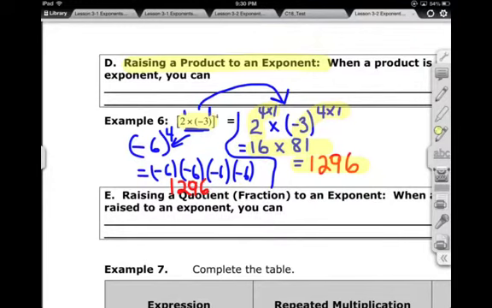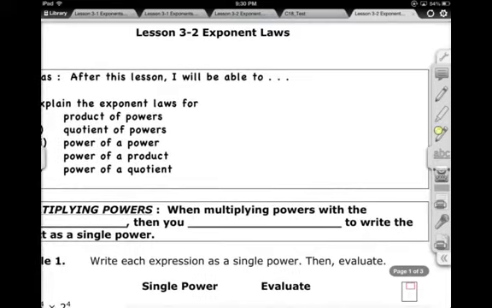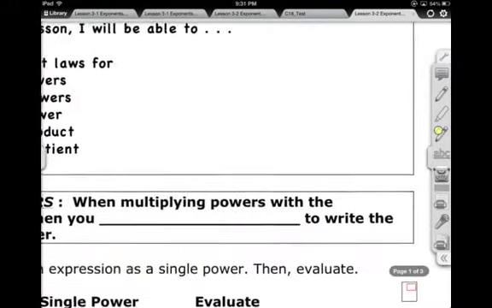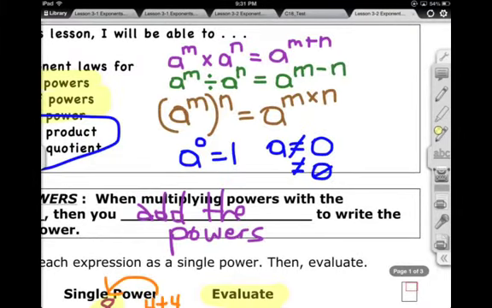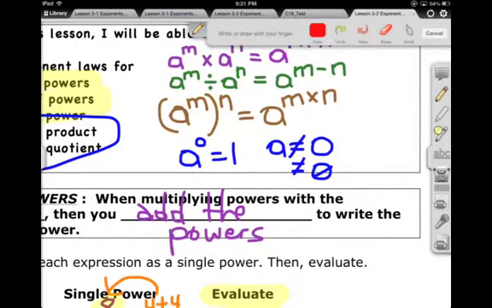So how do you write that? You go back up to your rules, and since it's raising a product to an exponent, need a little bit more room. Okay, raising a product to an exponent. Let's stick with red.